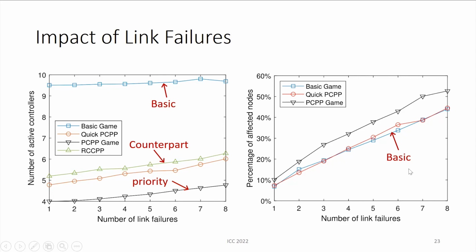So you can see that even with 8 link failures, less than 60% of nodes have to make a new decision. The other more than 40% of nodes do not change their controller placement decisions.